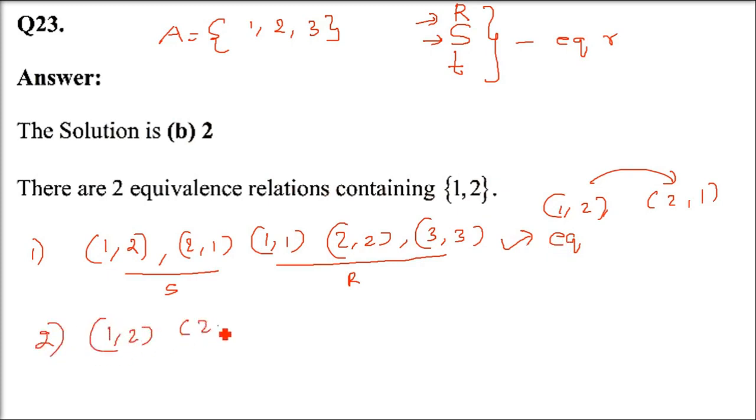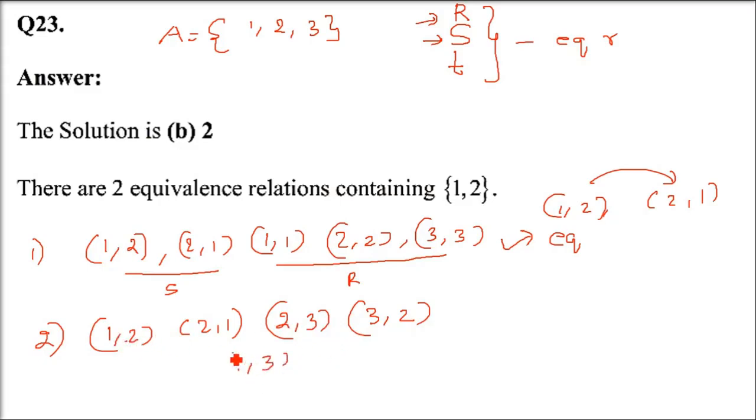(1,2), (2,1). This we have to add because it is being said that (1,2) has to be there. In order to make it reflexive, we ought to have certain other things. But I am introducing (2,3) and (3,2). (1,2), (2,3) is there.